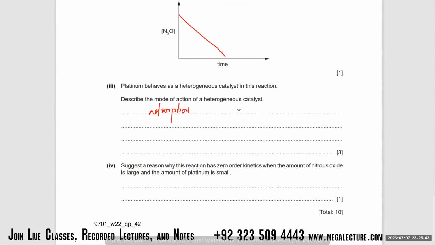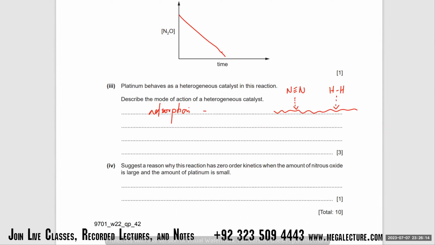As it does adsorption, the solid catalyst would break the reactant bonds. By adsorption, it will attract their electrons towards itself and form weak bonds. So the strong bonds between the reactant molecules are going to break. Is it clear what adsorption is?